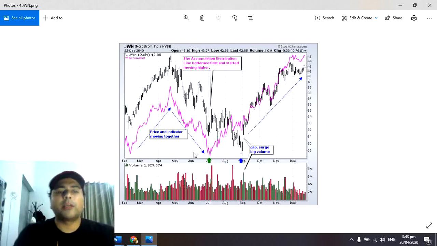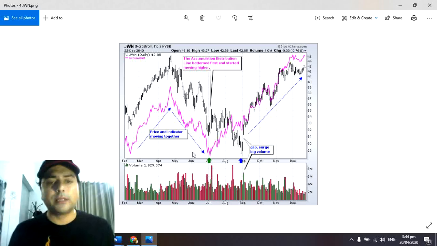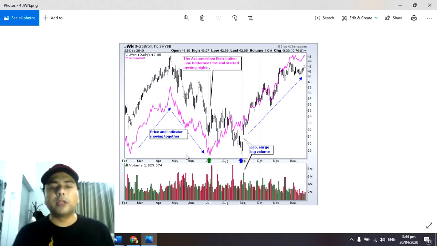Now the bullish divergence. Bullish divergence is when the price chart moves to a new low while the accumulation distribution indicator fails to confirm it and moves higher. As you can see from the JWN chart, from February to June, the accumulation distribution line and price chart moved in unison.